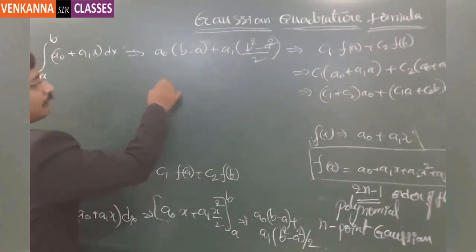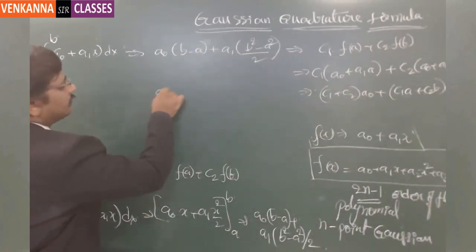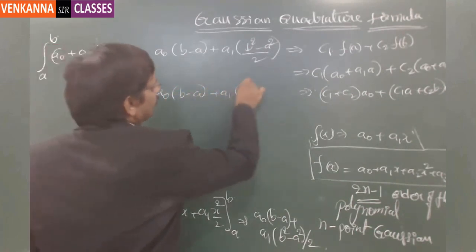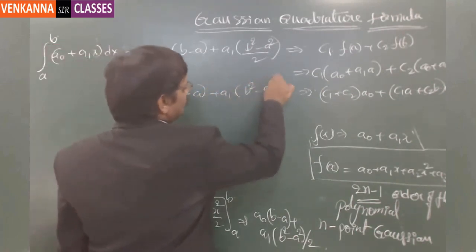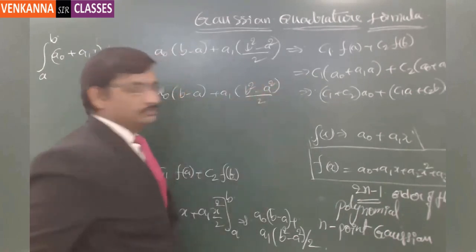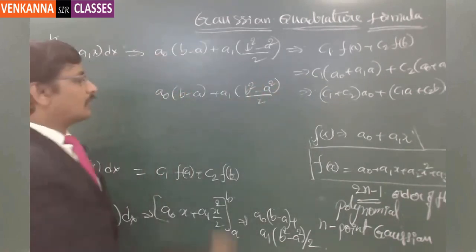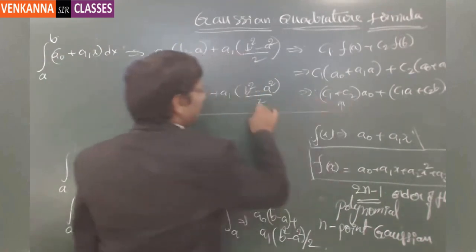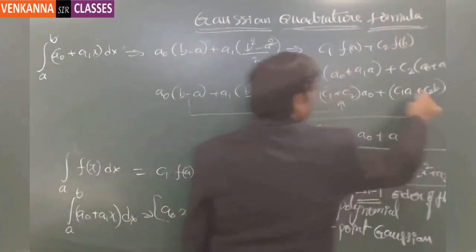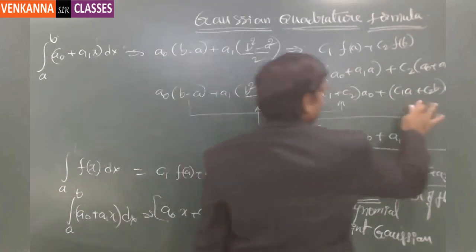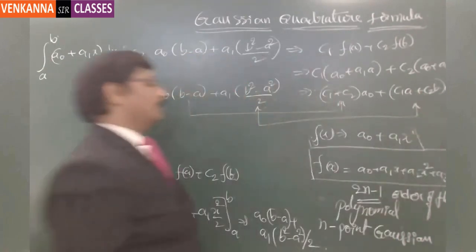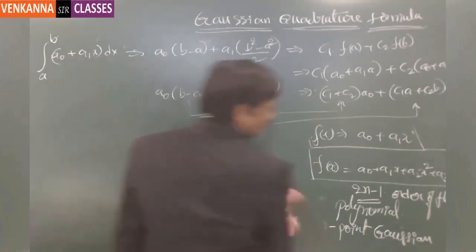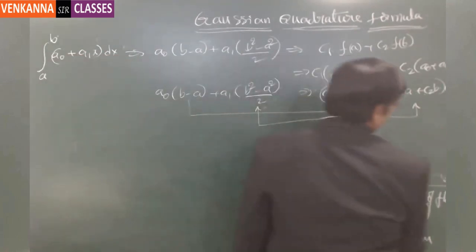Now the corresponding values on the left side are a0 times b minus a plus a1 times b square minus a square by 2. So if the corresponding values are equated, this is equivalent to this one and this is equivalent to this one. Now from this relation, we can find the values of C1 and C2 by equating the corresponding values.